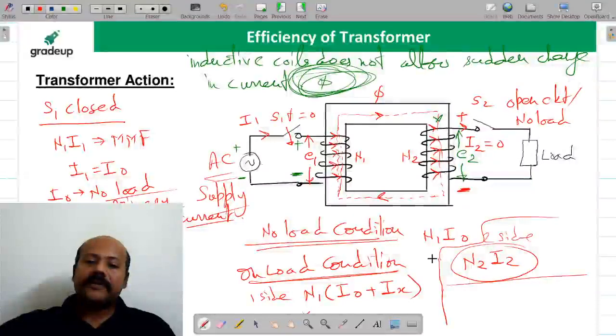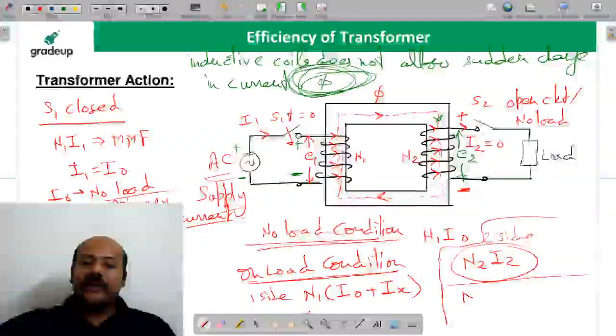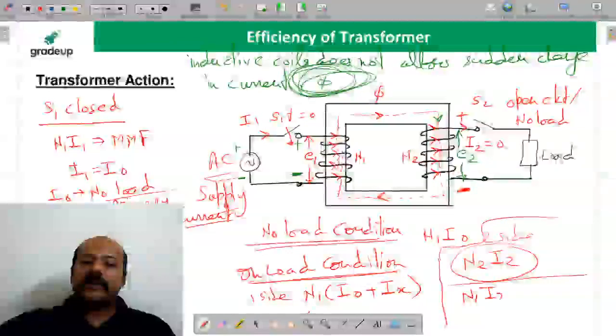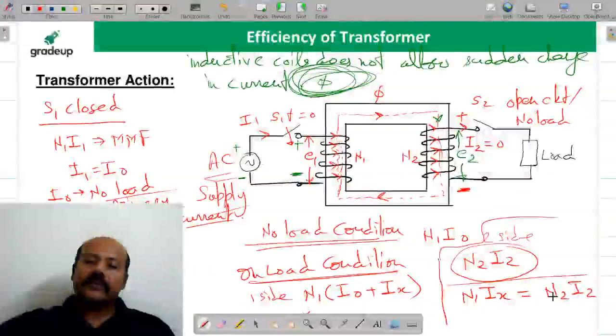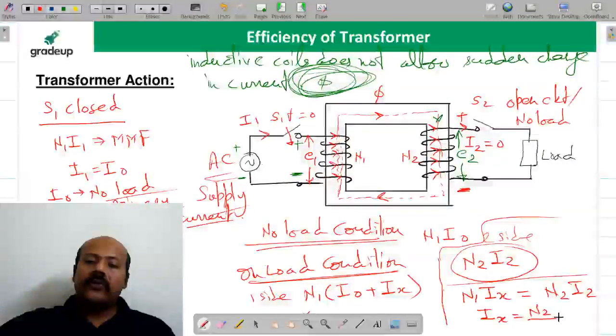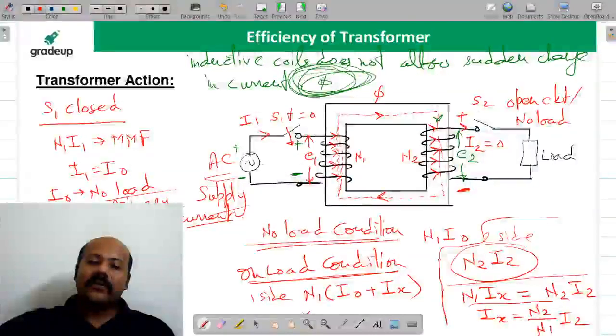It means this N1 Ix is going to be equal to N2 I2. Are you getting this idea or not? Then Ix is going to be N2 upon N1 times I2.